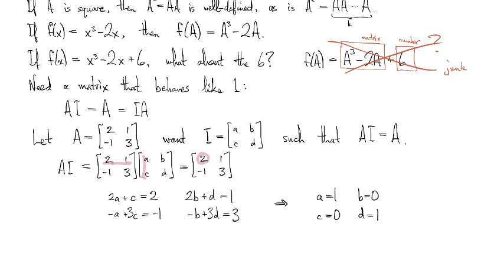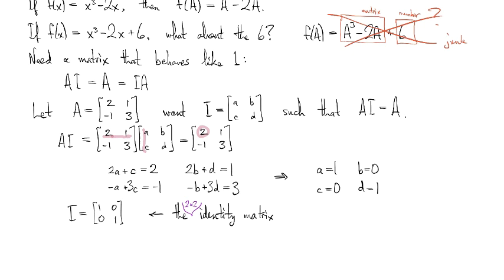And so this I that we're looking for is 1, 0, 0, 1. And this guy has a name. This is known as the identity matrix. And I suppose I should specify here that this is the 2 by 2 identity matrix, because of course you can have one for any dimension.